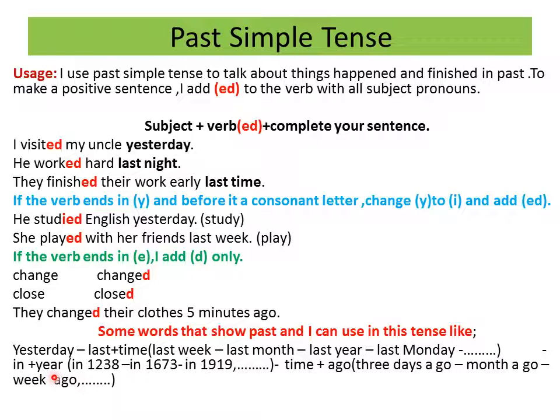In plus year: in 1238, in 1673, in 1919. All these years are past. Or time plus ago, like 3 days ago, a month ago, a week ago. So all these words help you to understand what? That the sentence is in the past simple tense.